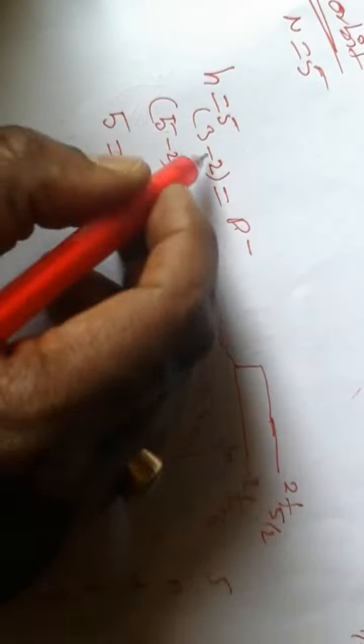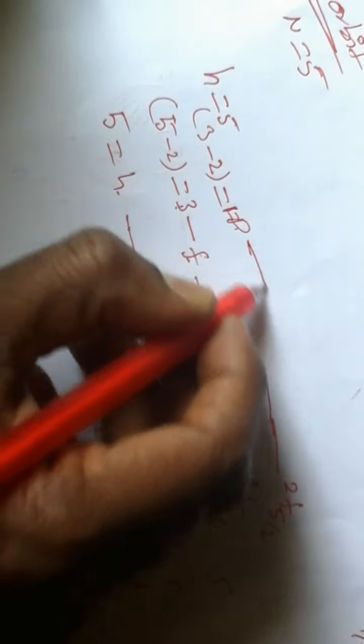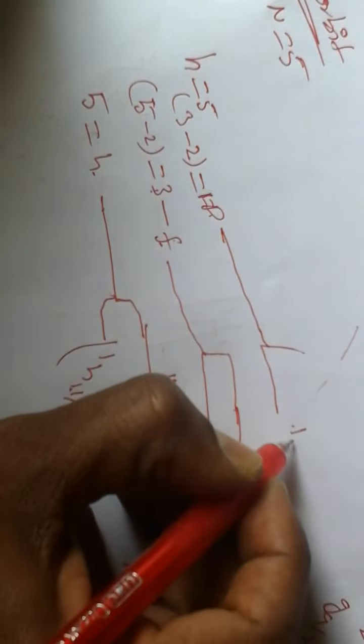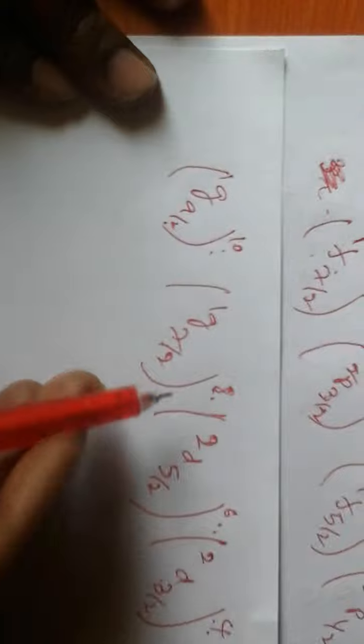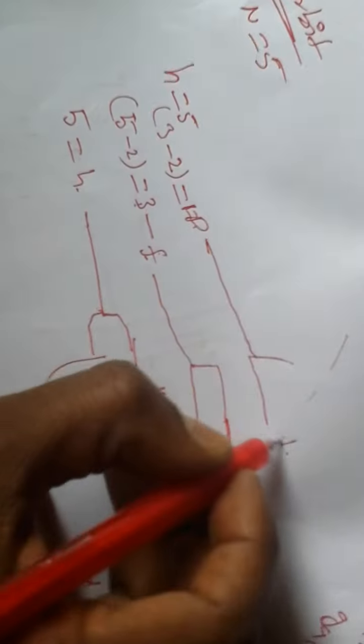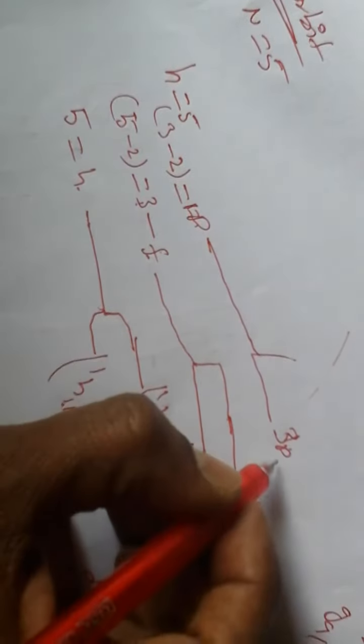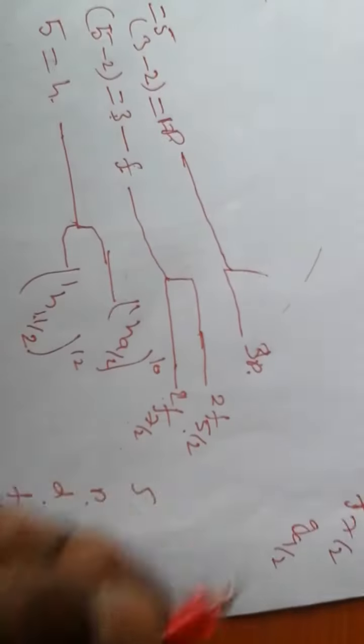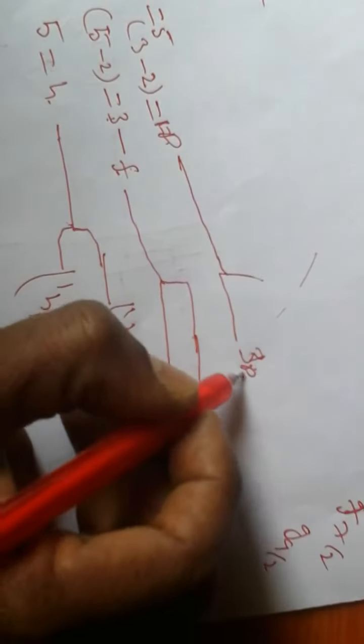So P is the last term here, 1 means P. P is again dividing into two terms. So how many P's did you get? We'll check it once. So here, if I take here, P is not there. First time P got, second time P got, third time we didn't get P. So I can write here the P is coming third time, so 3P. 3P means 3 by 2.